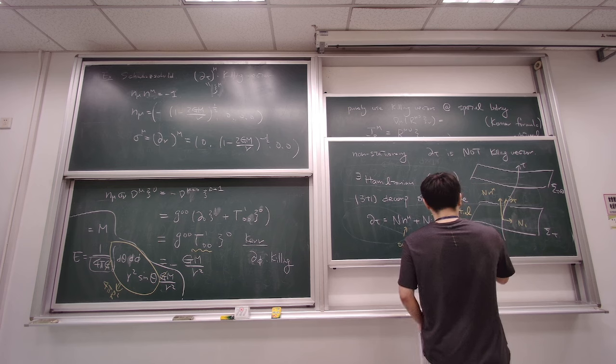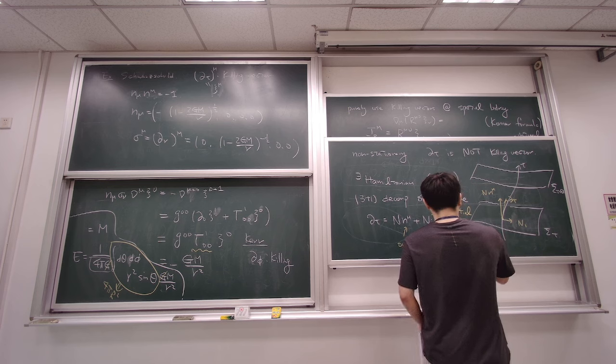As I mentioned, this is familiar, right? If you have a hypersurface and a normal vector n mu, the induced metric is always g mu nu plus n mu n nu. For instance, if you consider T mu nu for a perfect fluid, rho u mu u nu plus p times g mu nu plus u mu u nu.